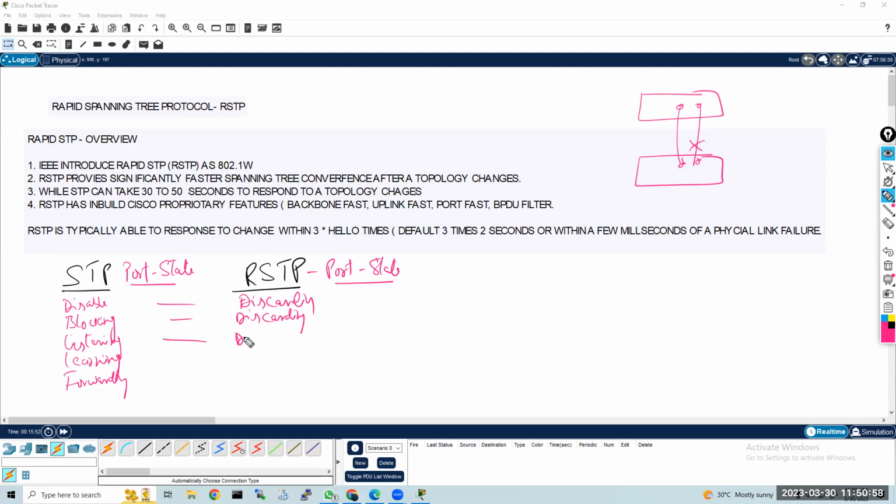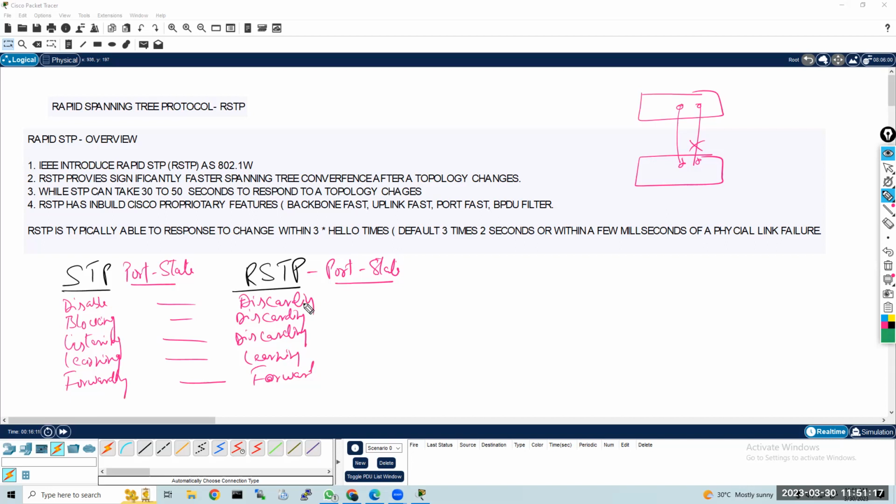Listening also it will discard. And then directly learning and forwarding. So of all these, only two stages are there.